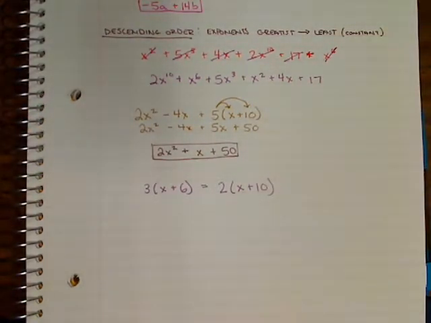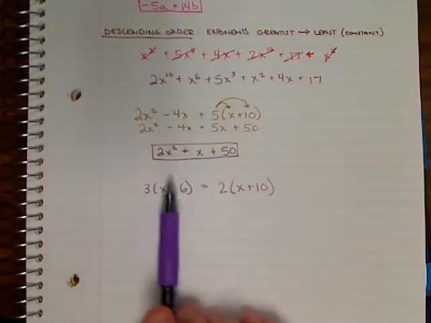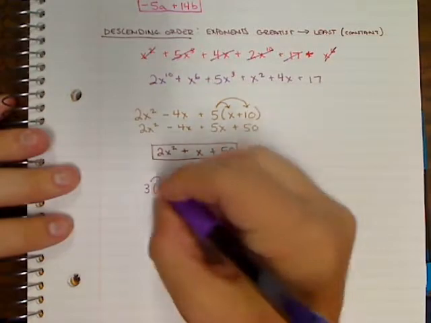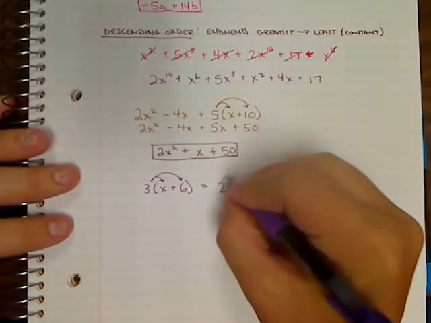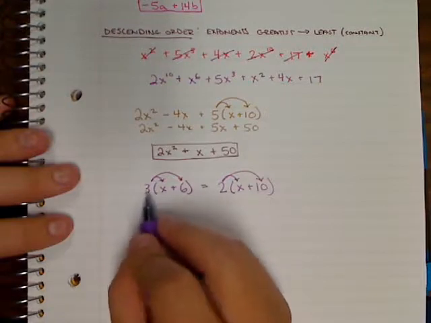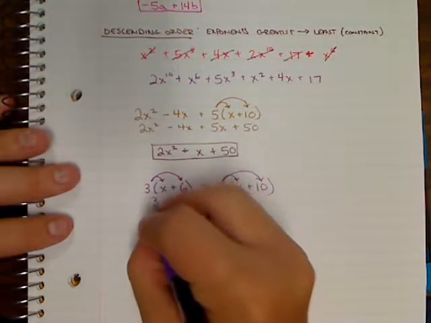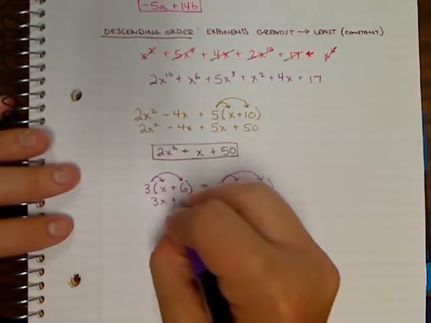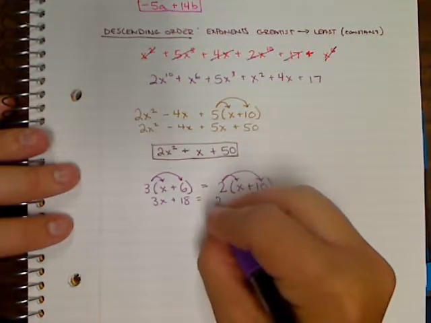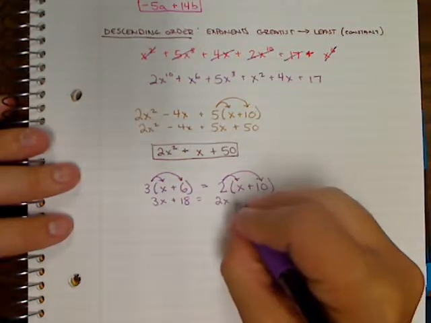Okay, that should give us a nice clean answer. I'm going to take care of distribution on both sides first. So 3 times x will give me 3x. 3 times 6 will give me 18. Here I've got 2 times x, which will give me 2x, and 2 times 10, which will give me 20.